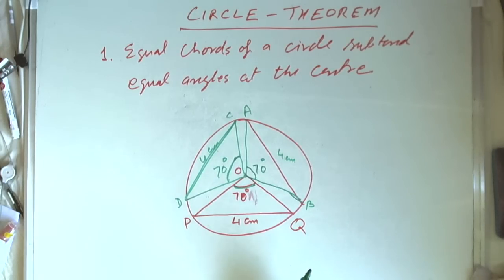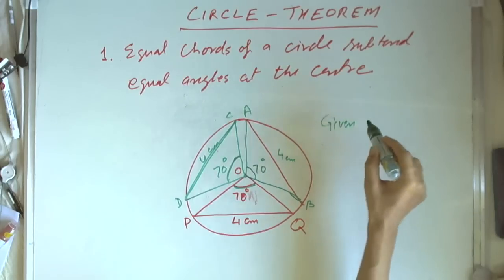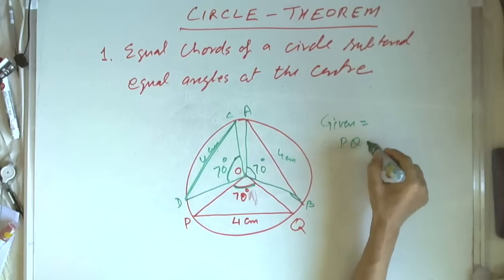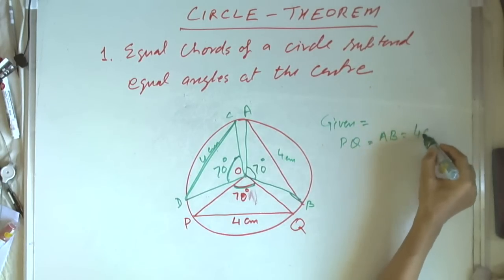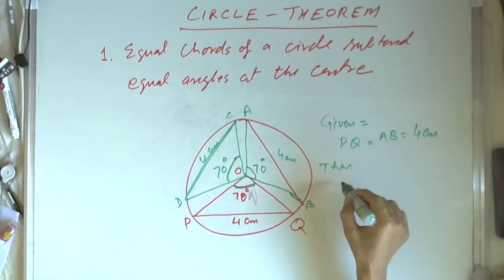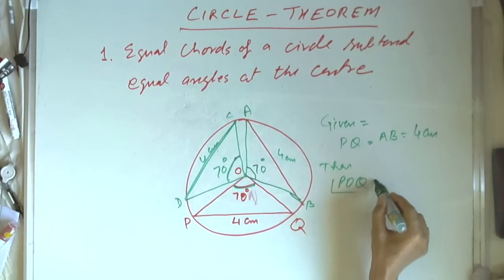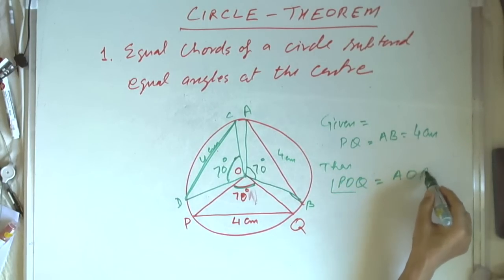So in the main theorem, given is PQ equal to AB, and then angle POQ equal to AOB.